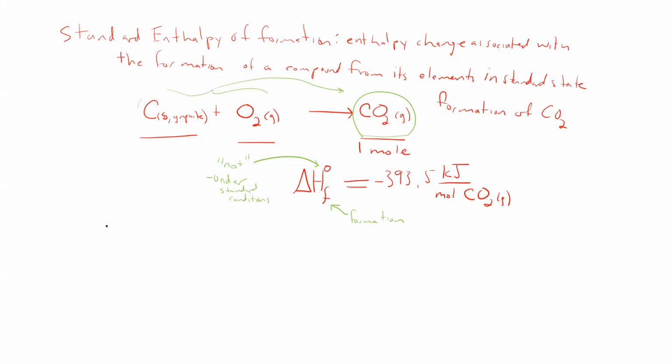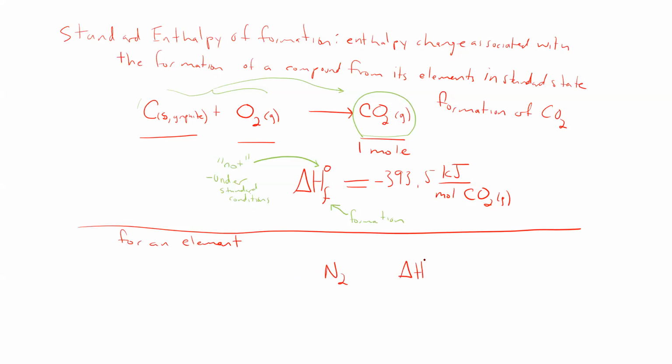Now, if you were looking at the standard enthalpy of formation for an element, for example, if I wanted to know the standard enthalpy of formation of N2 gas, well, remember, whatever that substance is, I'm talking about making it from the components of that substance in their standard state.